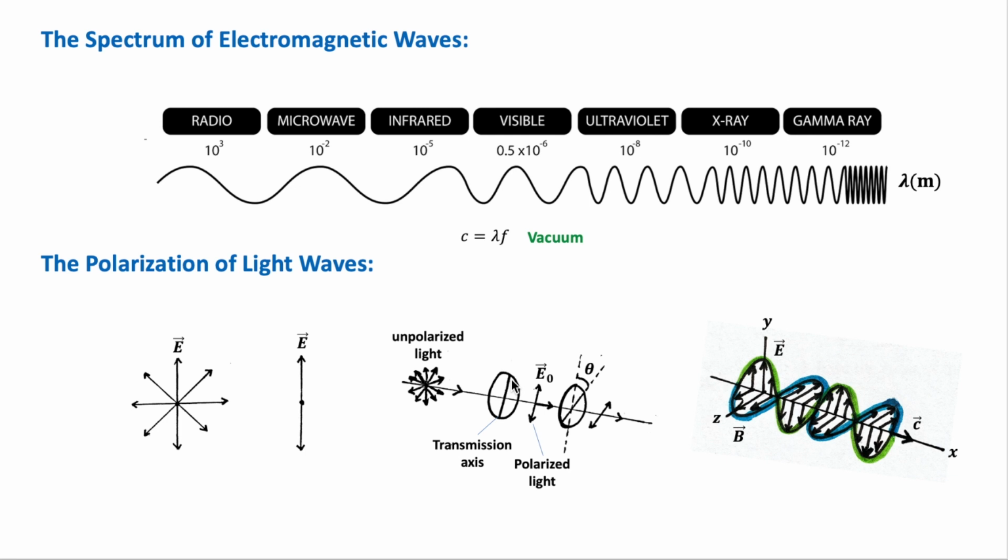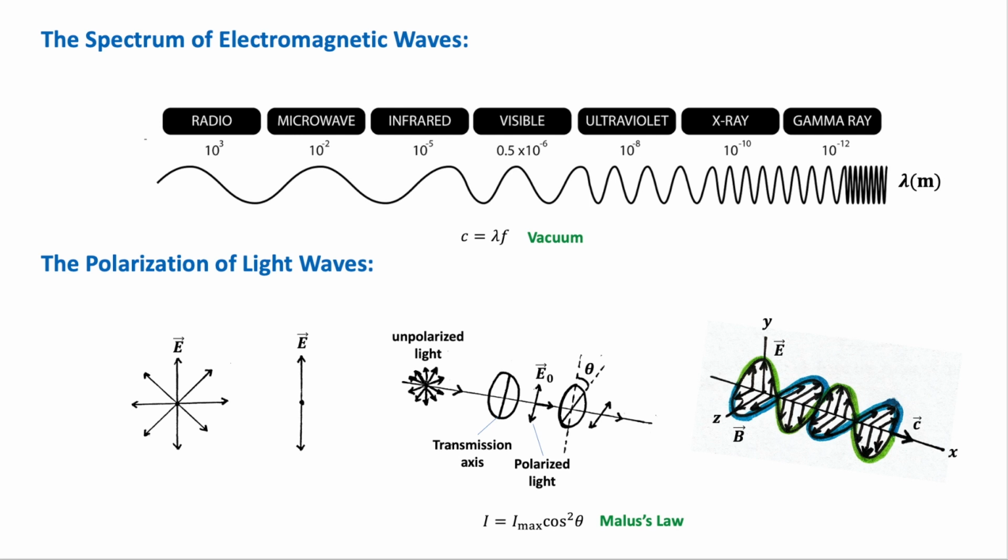And this direction, which is perpendicular to the molecule length, is referred to as the transmission axis. So this is the transmission axis perpendicular to the molecule length. So a polarizer passes the components of the electric field vectors that are parallel to the transmission axis, while electric field components perpendicular to the transmission axis are absorbed.